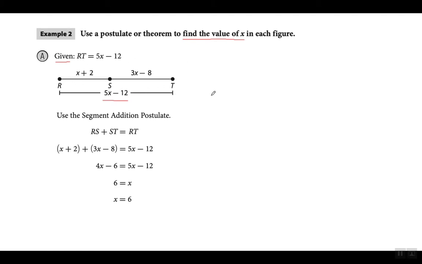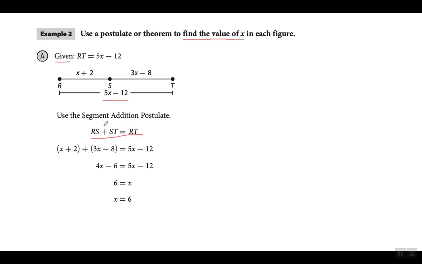Okay, the distance from R to T, or the length of segment RT, has to equal the length of segment RS plus the length of segment ST. Again, the length of the entire thing, which is RT, has to equal the length of this segment, which is segment RS, plus the length of this segment, which is segment ST. So they're setting it up this way.